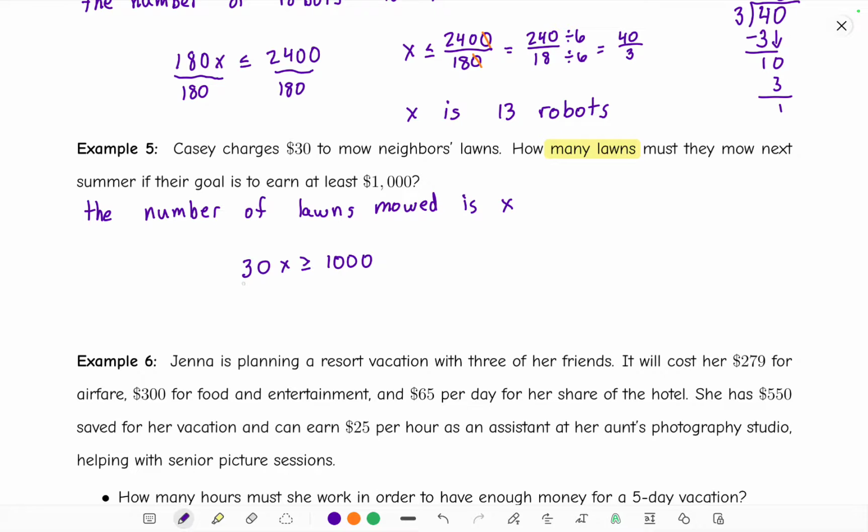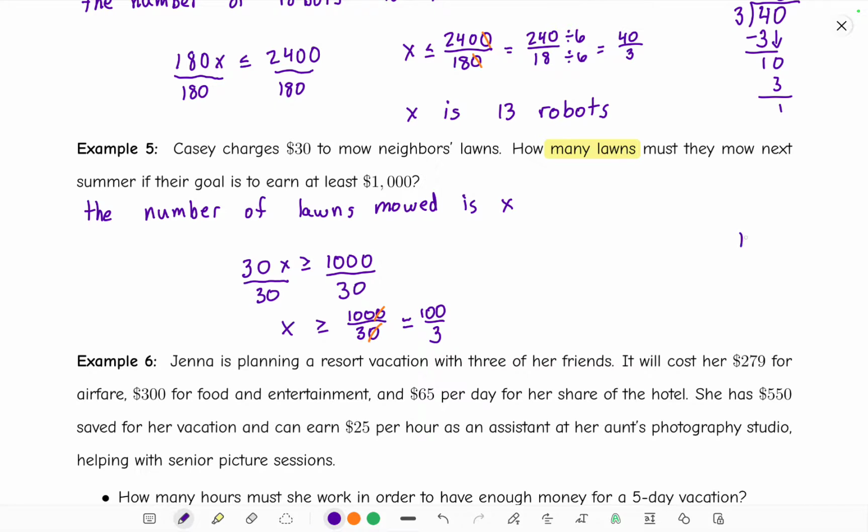Now, to solve for X, I divide by 30. So X is greater than or equal to 1,000 over 30. Again, I can reduce a 0 on both those numbers, and we get 100 over 3. And just like in example 4, because we're talking about the number of lawns mowed, we need a whole number of lawns.